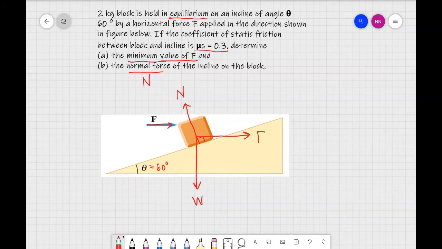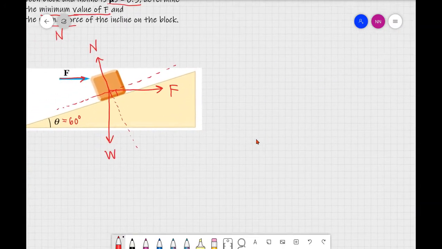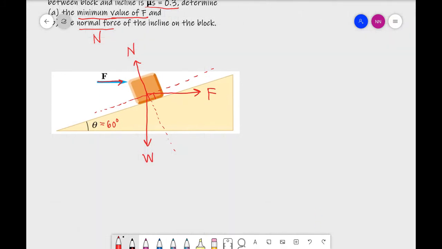And then we can resolve W into components parallel to the inclined plane and perpendicular to the inclined plane. So this is Wy, perpendicular to the plane, and this is Wx, parallel to the inclined plane.